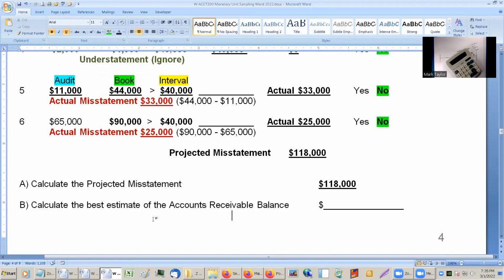So wait here. So this would be $800,000 minus the misstatement of 118.